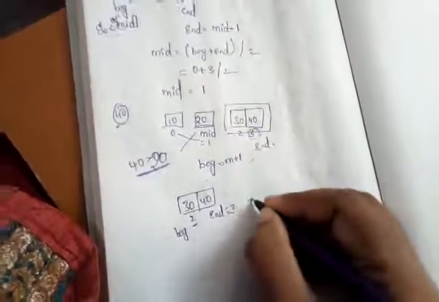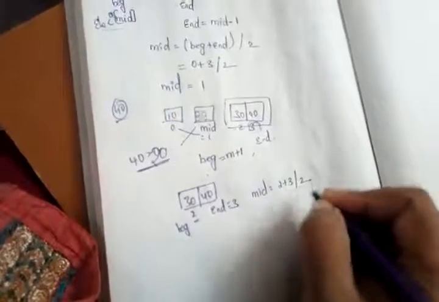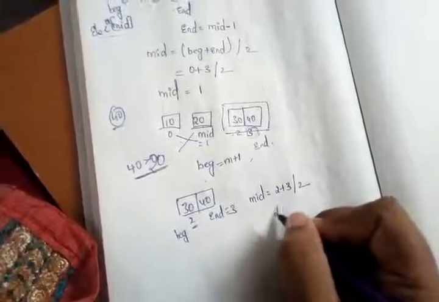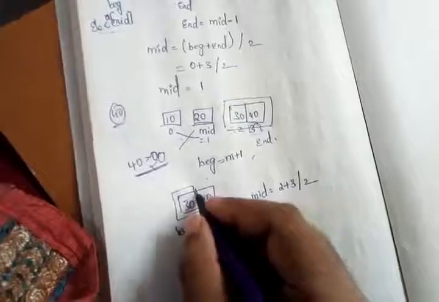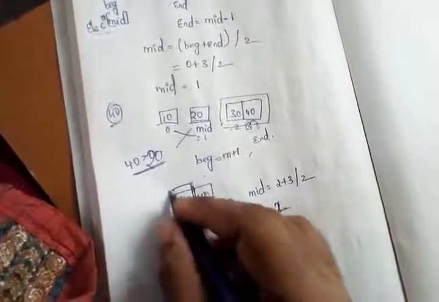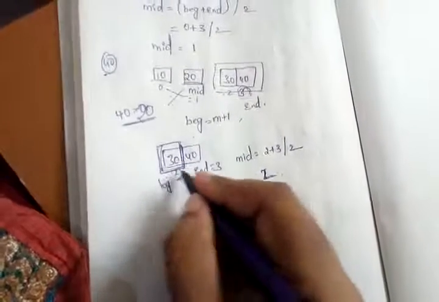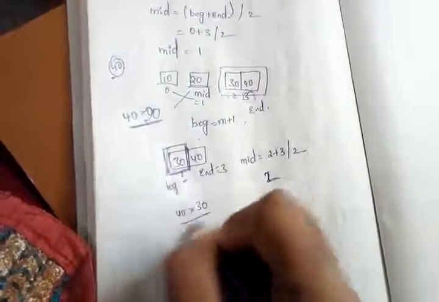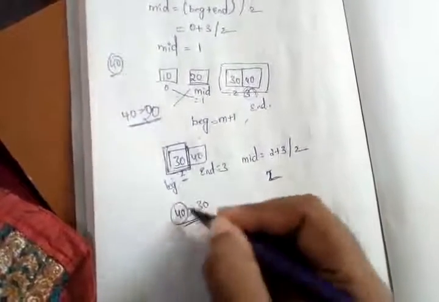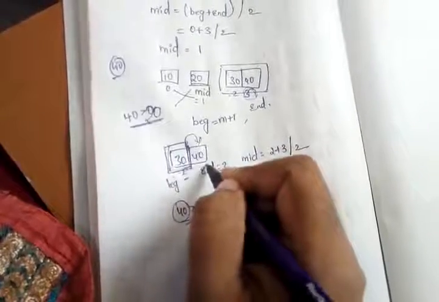Again find the middle element: mid is equal to 2 plus 3 by 2, the result is 2, so this will be the middle element, that is 30. So compare 40 with 30. Again it is greater than 30, so you will take the elements next to it.